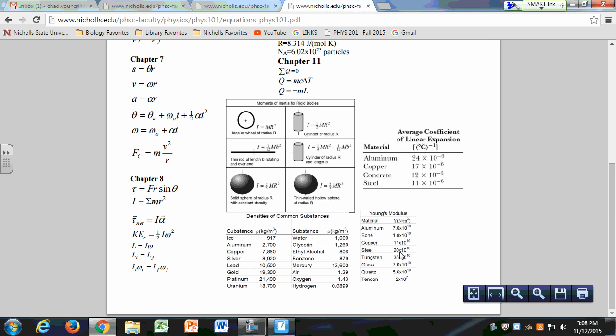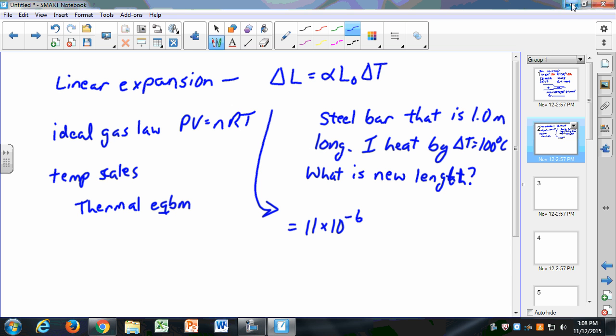Let's see, so for steel, yeah, 11 times 10 to the minus 6, it's right here. That's my linear expansion coefficient. L naught is the original length, that's 1.0 meters. And my delta T is my change in temperature. So I might give you the initial temperature and the final temperature. You'll just need to take the difference between those two. But here I just give you 100 degrees Celsius.